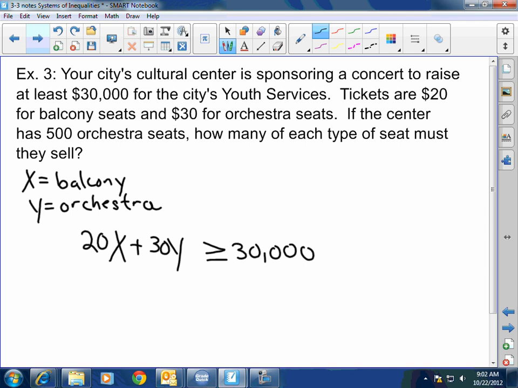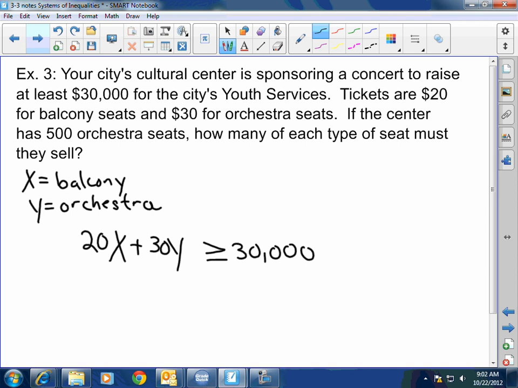Now, here's the trick. This is what makes this hard. They say if the center has 500 orchestra seats, how many of each seat must they sell? Okay. The center has 500 orchestra seats.